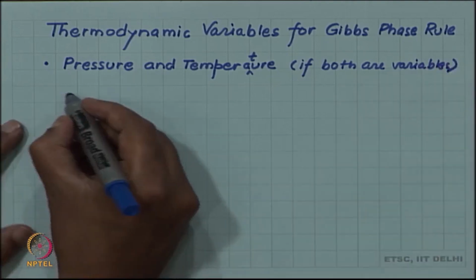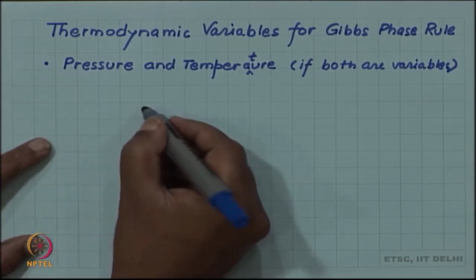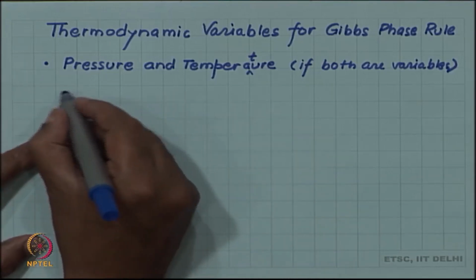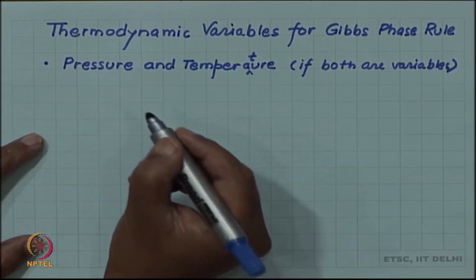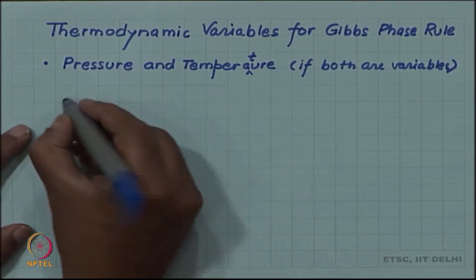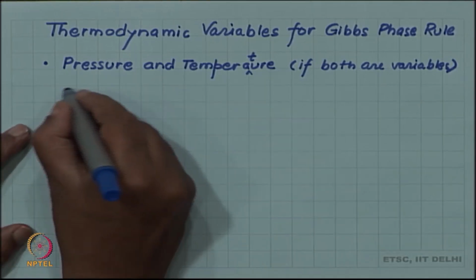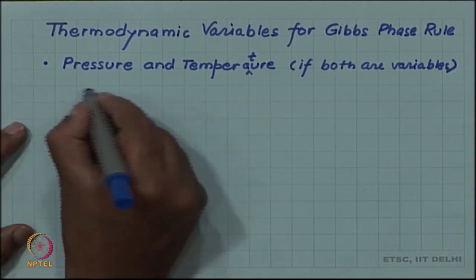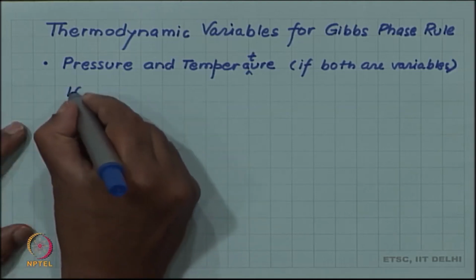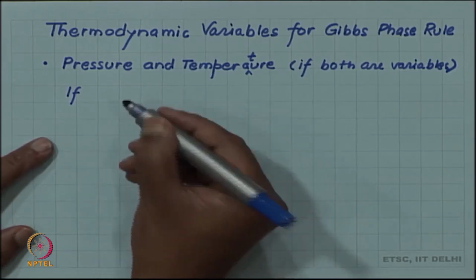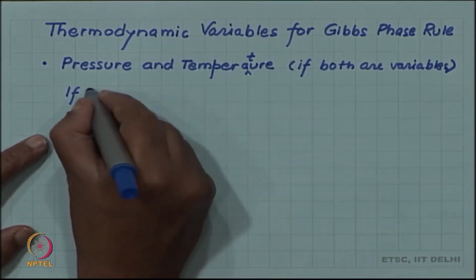In some cases, like for example, the kind of diagram which we are considering, binary diagram, we did not have the pressure as variable, we only had the temperature as variable. So, in some cases pressure can be fixed. So, in those diagrams tacitly we assume that the pressure was fixed at 1 atmosphere.